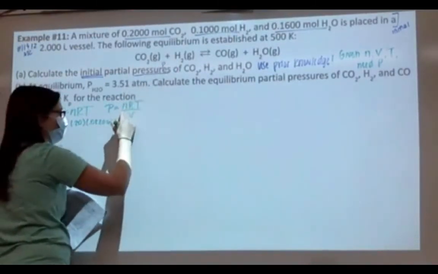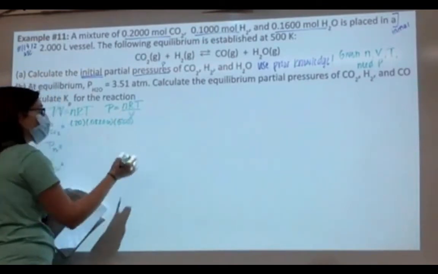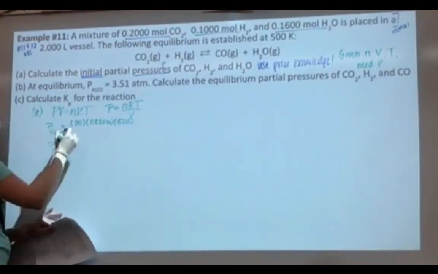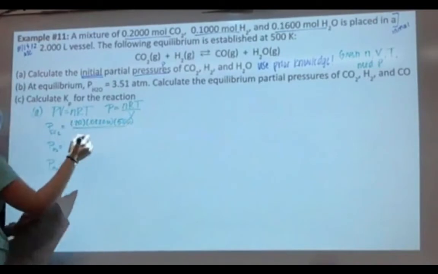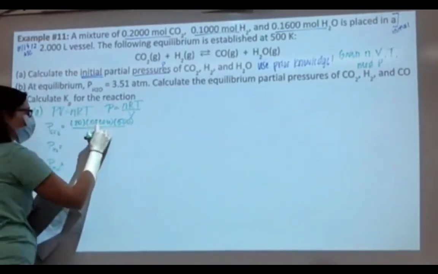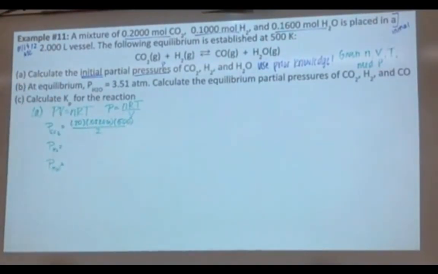Temperature is already given to us in Kelvin. If it was given to us in degrees Celsius, we would have had to convert. And volume is 2 liters. So there's our setup for CO2. The only difference for H2 and H2O are the number of moles that we start with.